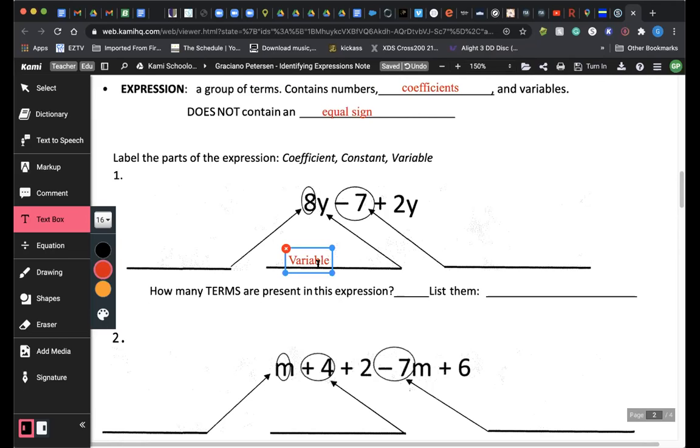We've got coefficient and constant. My coefficient is 8.